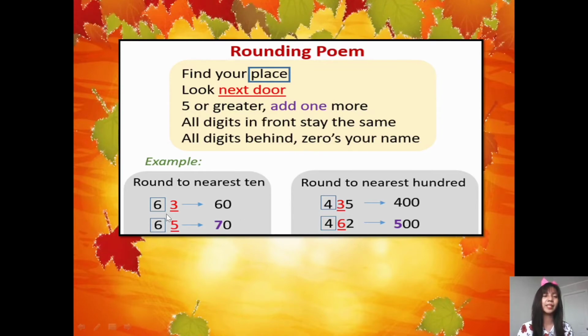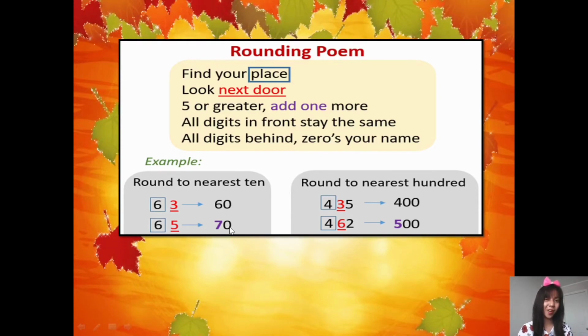Another example here is 65. Since the number next to 6 is 5, you need to add 1. Again, you need to add 1. So 6 plus 1 is 7. And then all the digits behind this number, you have to make 0.